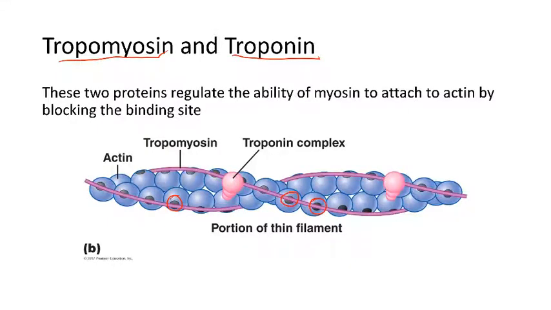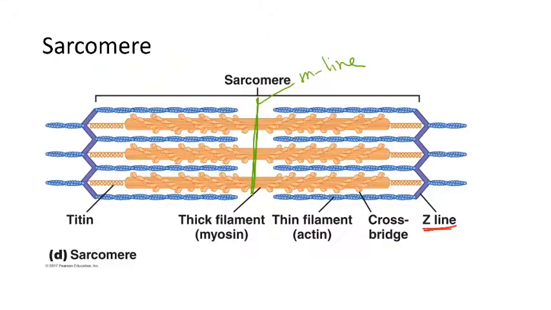So myosin cannot bind to actin if tropomyosin is laying over the top. And then we have troponin. Now, troponin's job is to regulate the tropomyosin, because if I change the troponin, it will change the tropomyosin.